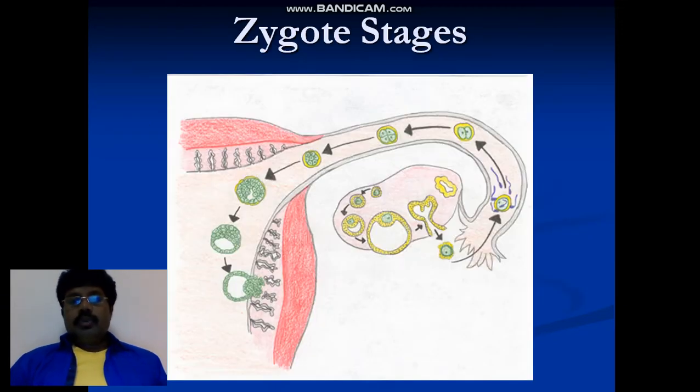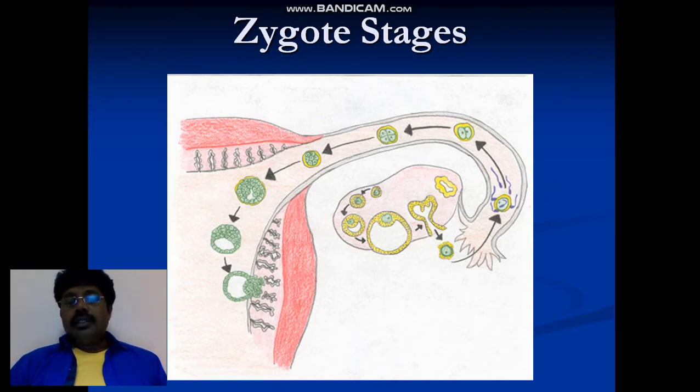Okay, so this is about the zygote stage, the different stages. Here there is ovulation. The ovum comes out. The ovarian fimbria is attached to this ovary, as you can see in this picture.